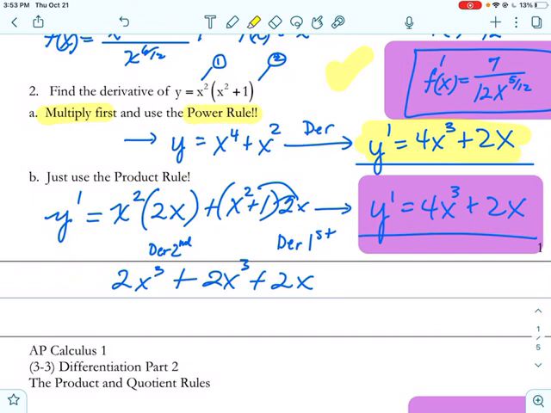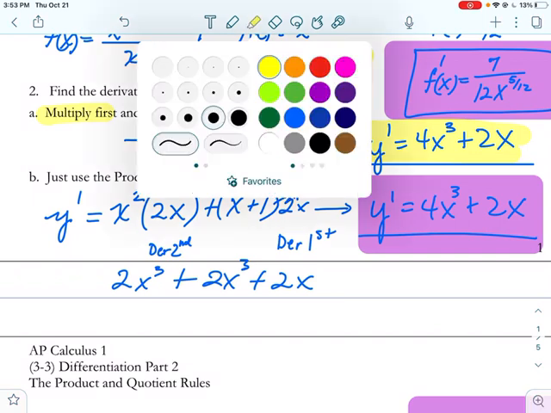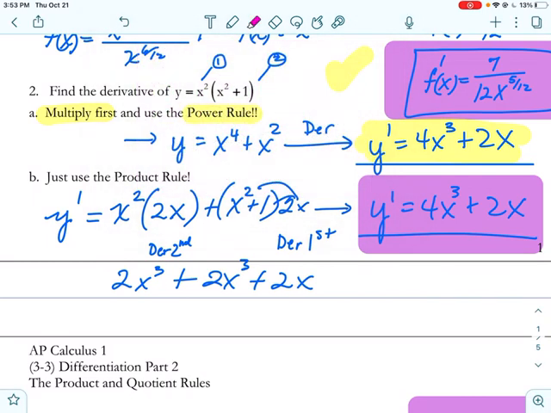Showing that it's equivalent, we go ahead and we do the product rule with the same problem, where we have y prime then is equal to first der second plus second der first. And then we get our answer 2x cubed down here plus 2x cubed plus 2x, which is equal to the same thing right here.